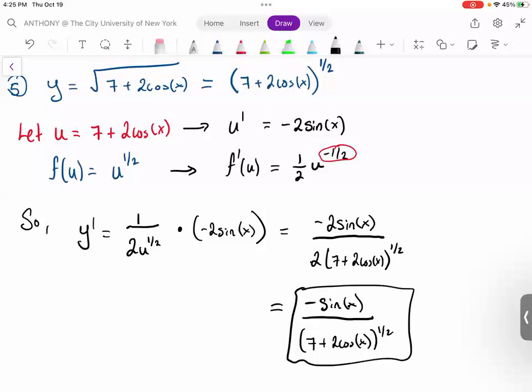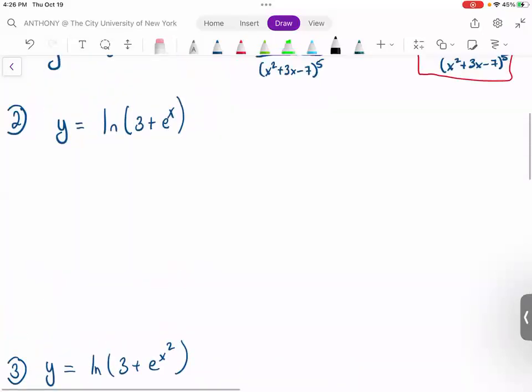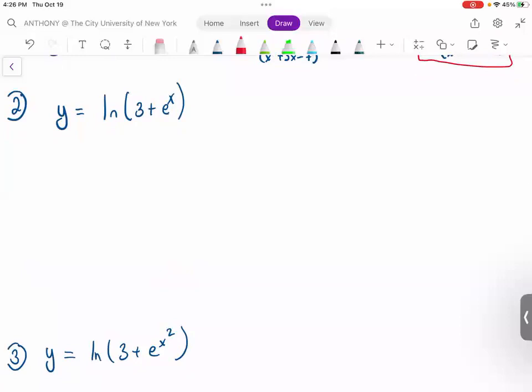Now, when you have functions that are no longer resembling a monomial, a single term, more like a trig function or a ln or e, there are specific chain rules that you apply. And I'm going to start with problem number 2 to show you. Right, so just make a note. These are just extensions of the chain rule.